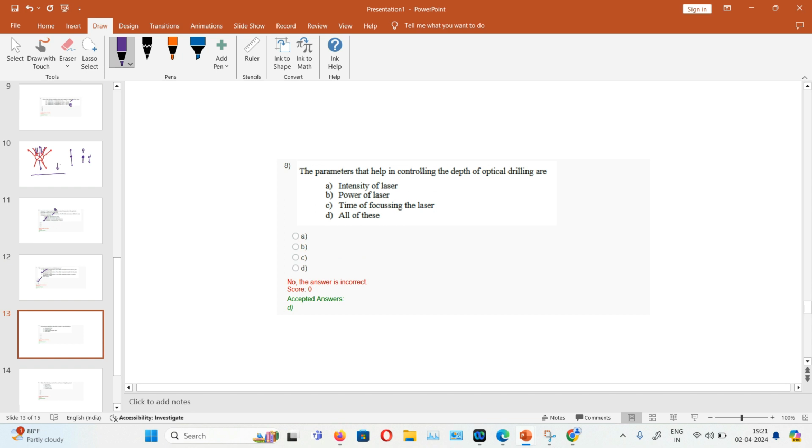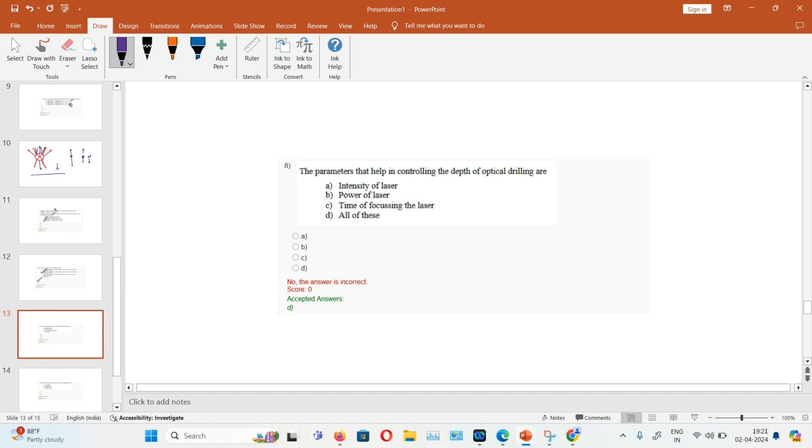Intensity of the laser will help, because it depends on how energetic your focused beam is. Power of the laser: if the power increases, the intensity automatically increases. Time of focusing the laser also matters, since how deep it can go depends on the cellular environment.